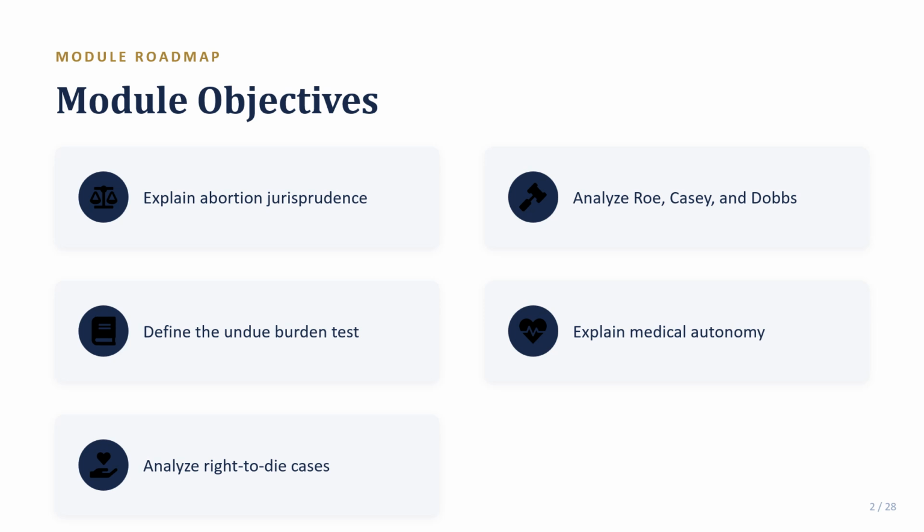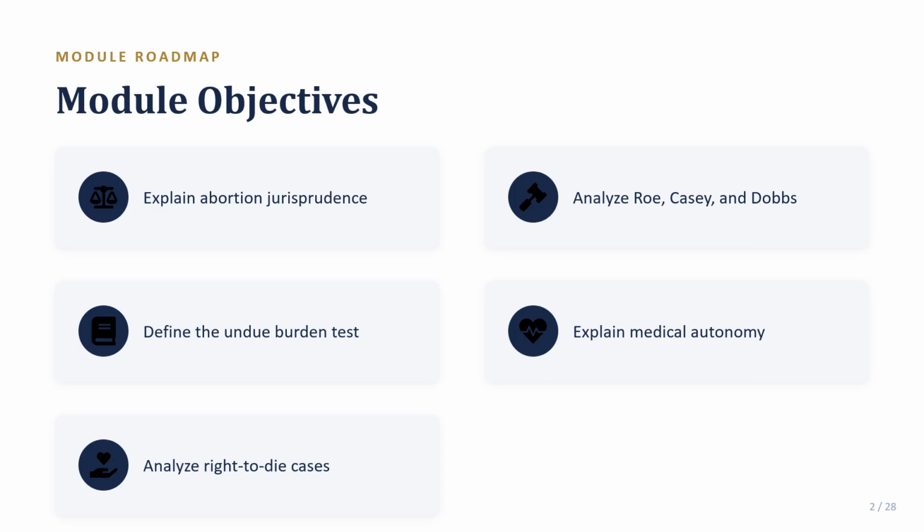All right, so the module objectives are listed clearly. We are going to explain abortion jurisprudence. We're going to analyze Roe, Casey, and Dobbs, define the undue burden test, explain medical autonomy, and analyze the right to die cases. Now, notice the architecture of today's lecture, because we're going to move through two connected doctrinal families.